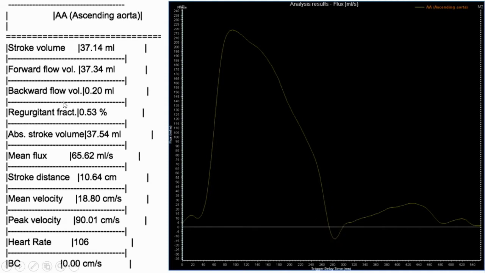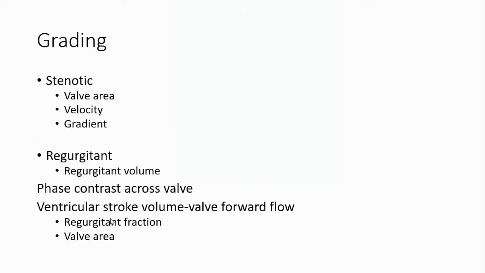So it calculates the regurgitant fraction as 0.5% and also gives us the peak velocity as 90 centimeter per second. So these can be used for grading in the valvular lesions.